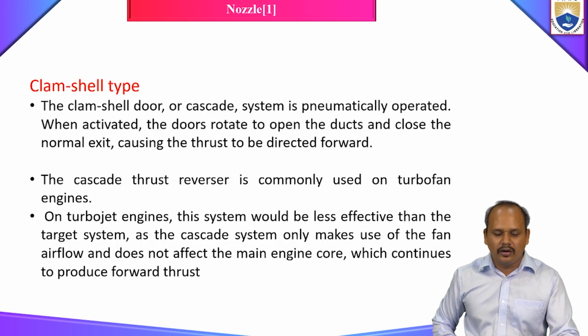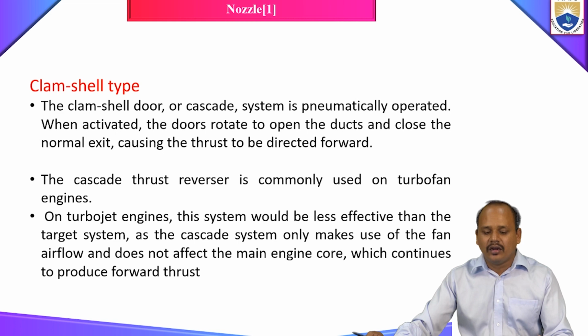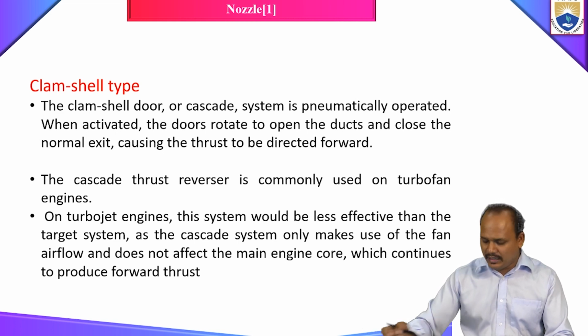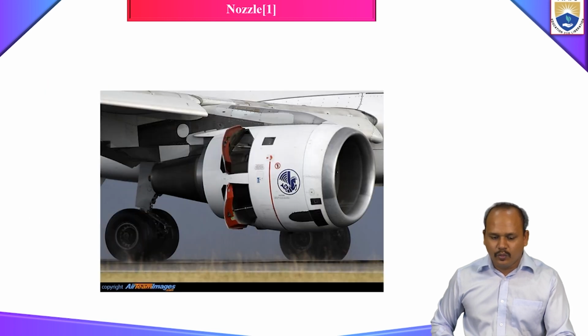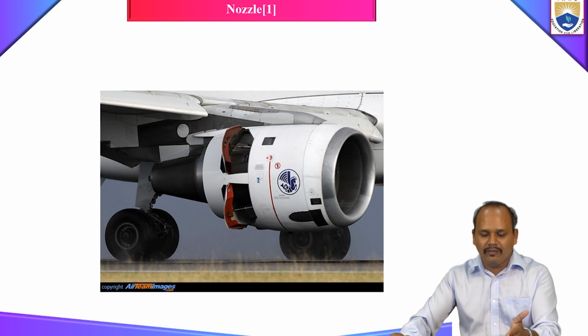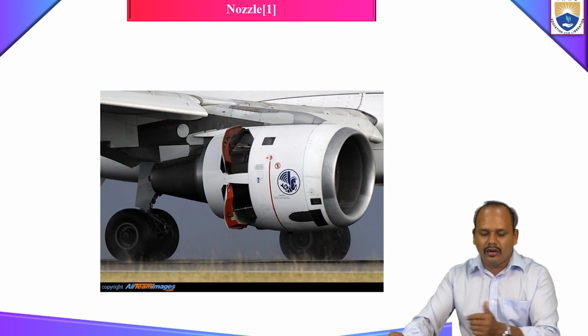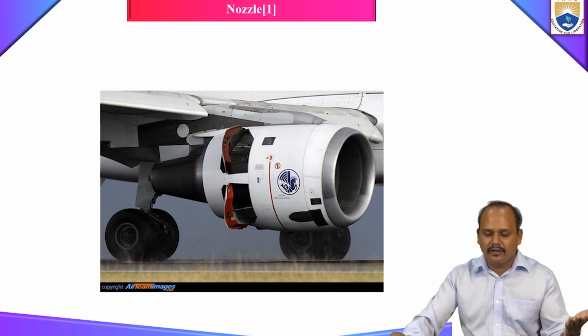The next one is called the clamshell type. We use this clamshell type in turbofan engines. In a turbofan engine, we have a cold flow and a hot flow. In the clamshell type, we block the bypass, that is the cold flow section, and the flow comes out the same way as in the bucket type.